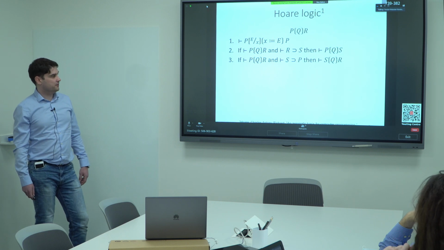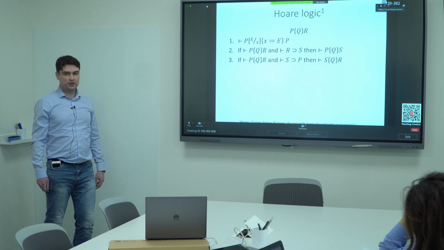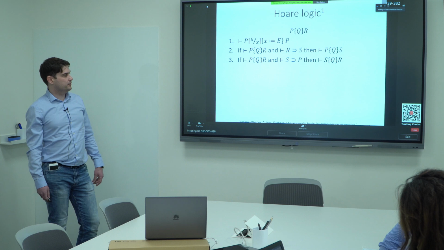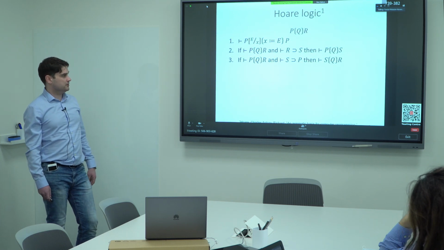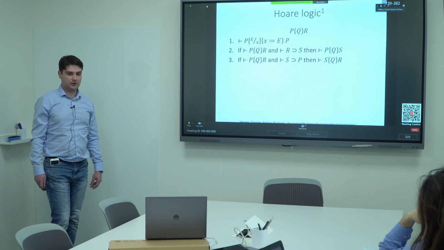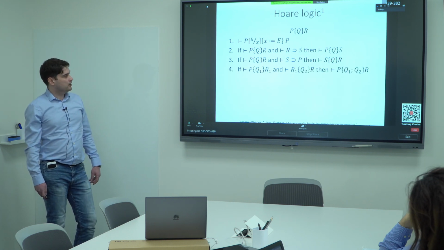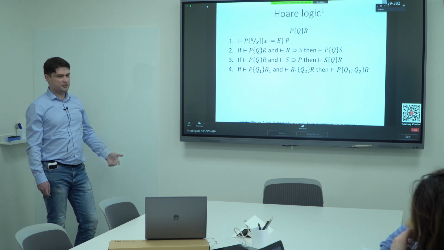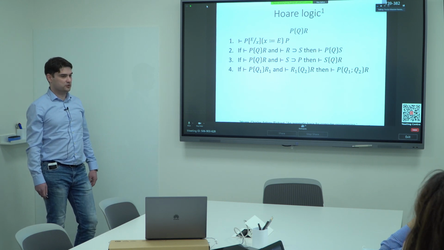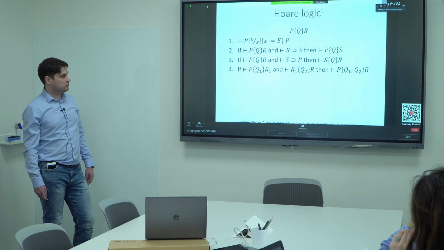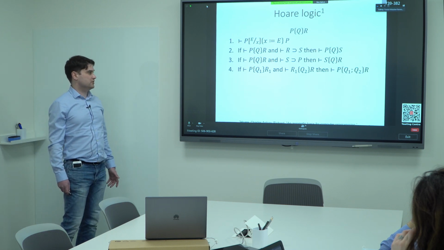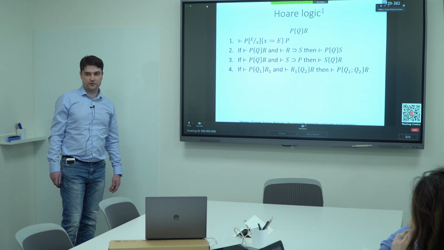It says that if some statement S is weaker than the initial precondition P, then we can replace P with S, and the resulting theorem will still hold. And the fourth one is not an axiom, it's an inference rule. It's the rule of consequence. It basically allows you to connect statements in one program with the statements from the second program in sequence.